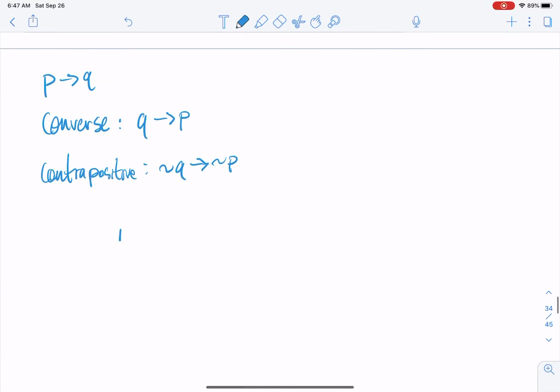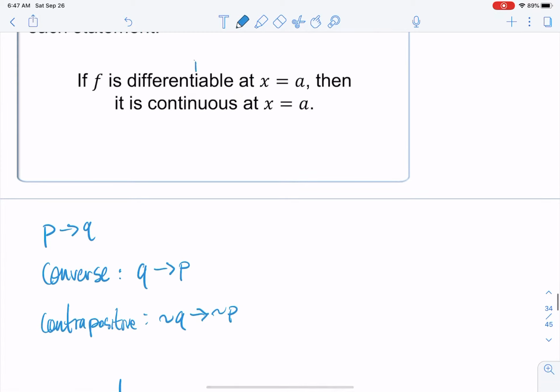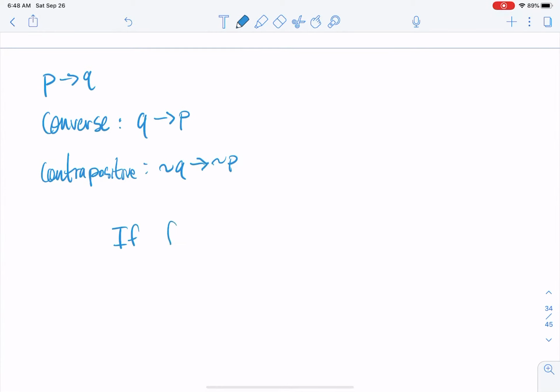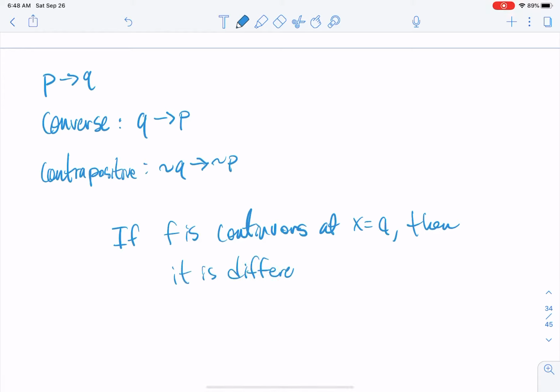So the P part is differentiable. The Q part is continuous. If f is continuous at x equals a, then it is differentiable at x equals a.